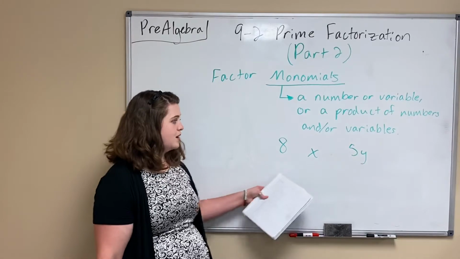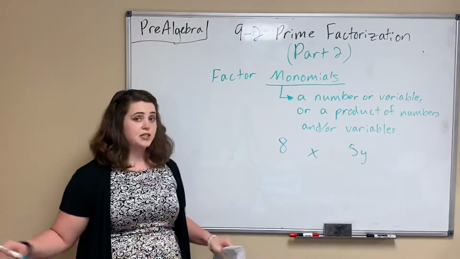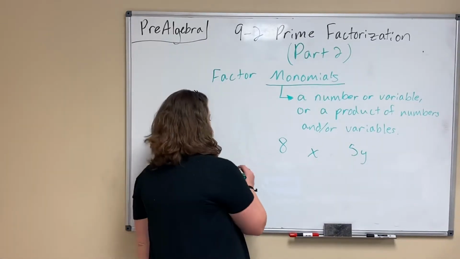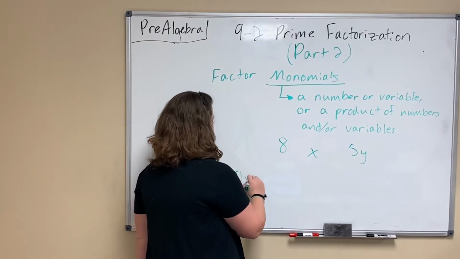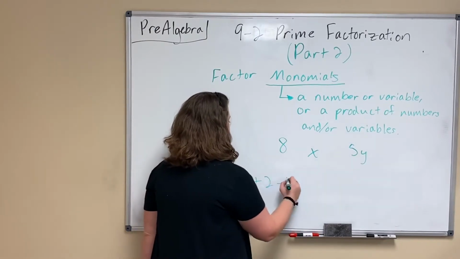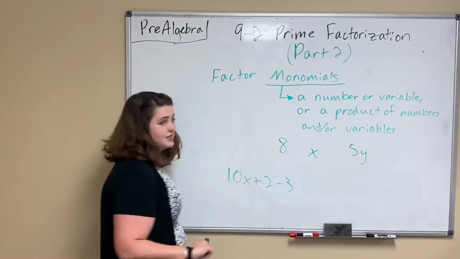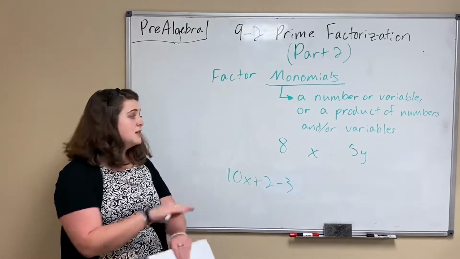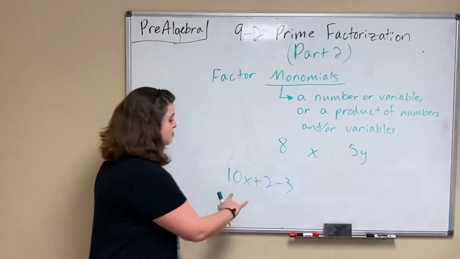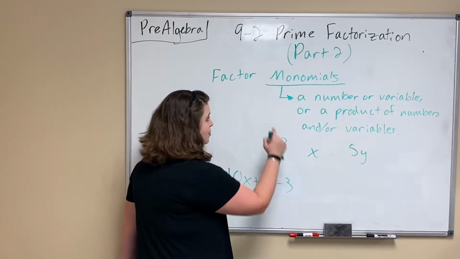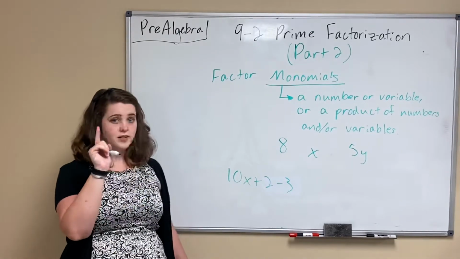These are all monomials. What a monomial is not is something like 10x plus 2 minus 3. You see how these are separated by addition and subtraction signs? It means it is not a monomial. It's multiple terms. A monomial is just one term.